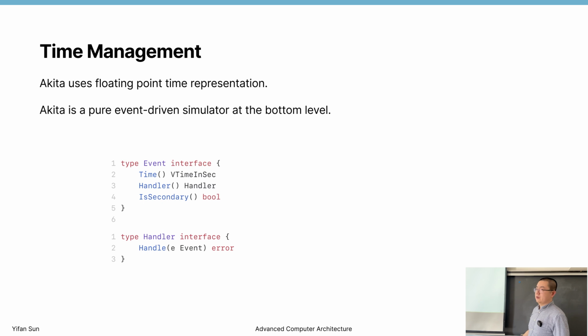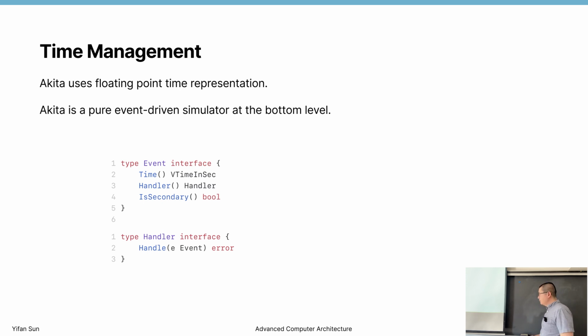The actual type is an interface. It has 3 functions. An interface in Go can only have functions, no implementation and no field. So an event defines a time, when it can happen, and a handler, who will decide what the action is when this event happens.